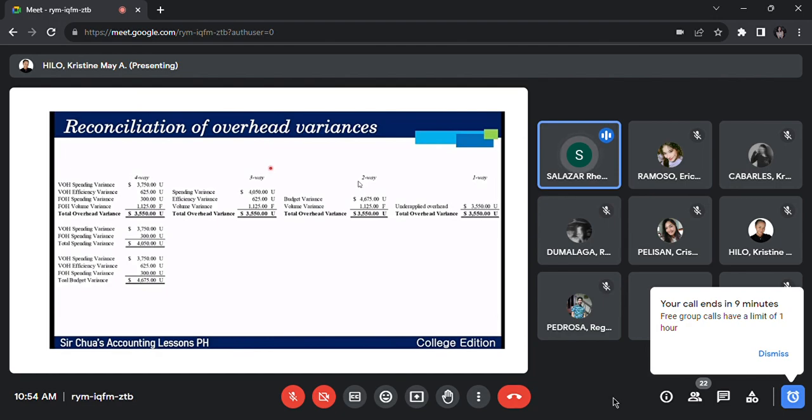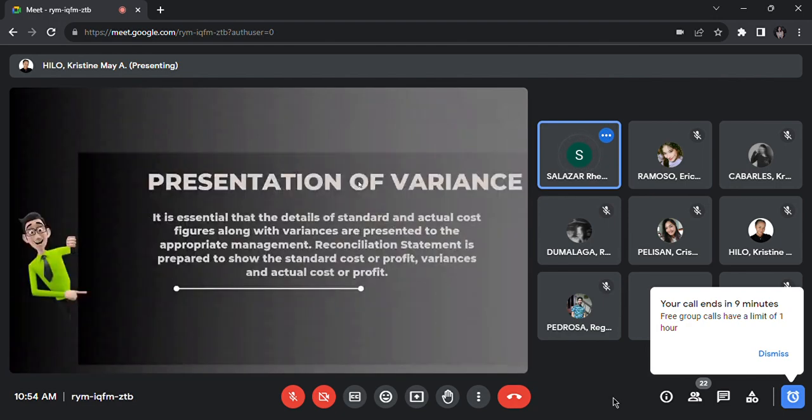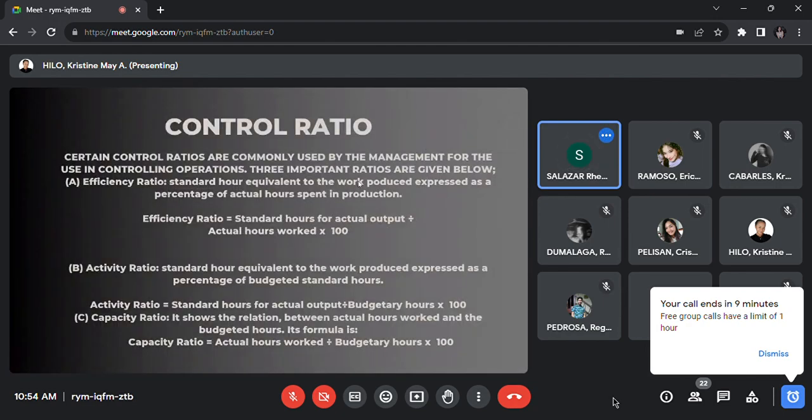Next slide na kita. Yung disposition. Control ratio. Certain control ratios commonly used in management for controlling operations. Three important ratios are given below.